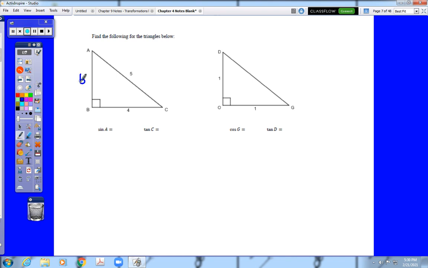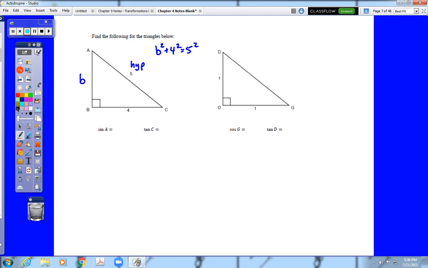So what we should do first is figure out the length of this third side by doing the Pythagorean Theorem. B squared plus 4 squared equals 5 squared. A squared plus B squared equals C squared, where C is the hypotenuse.